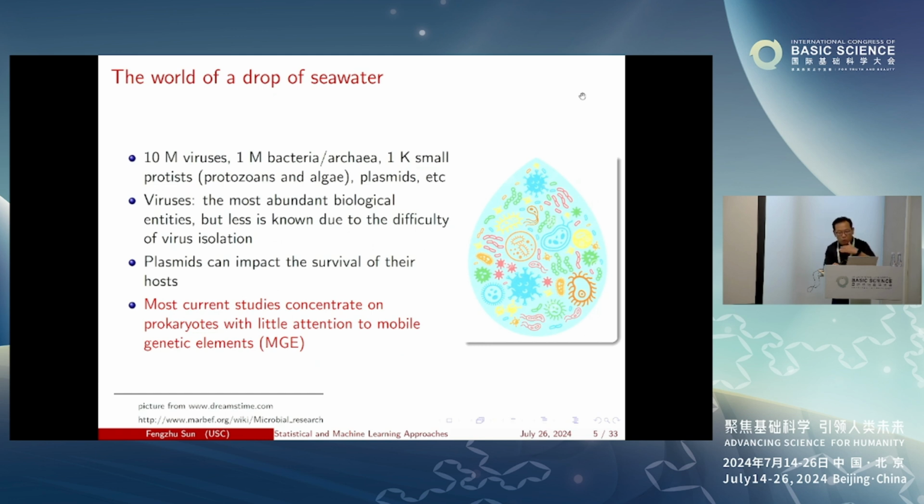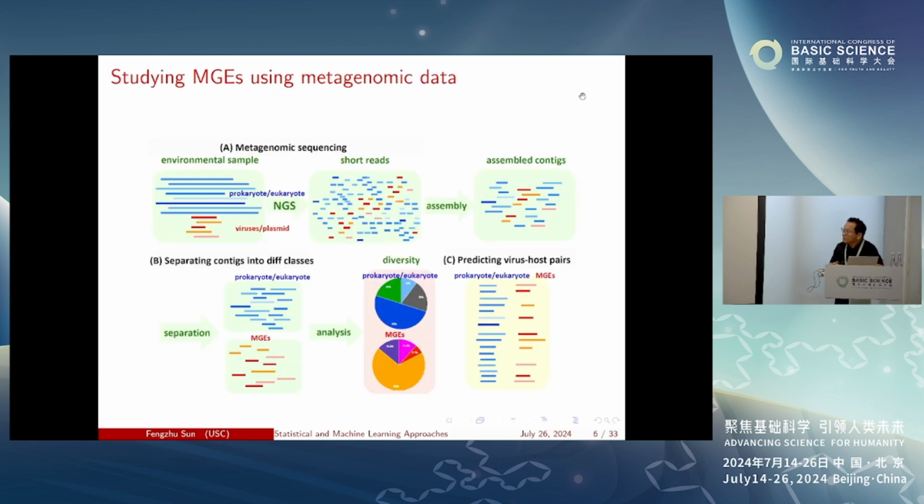So now the question becomes, for a given sequence, we ask the question, is this sequence from the viruses or not? So that becomes a computational problem, or you can think about it as a machine learning problem. So here is a kind of conceptual formulation of our study.